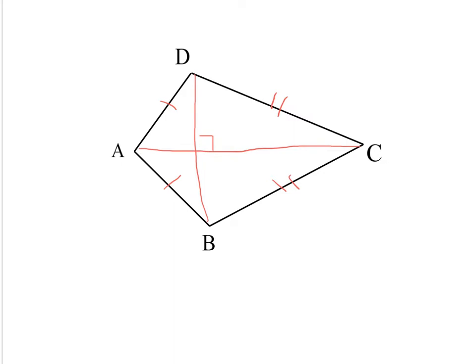One of the diagonals is the perpendicular bisector of the other, so AC bisects BD, but not vice versa. One of the diagonals bisects the angles. So this angle is congruent to this angle, and this angle is congruent to that angle. However, these angles up here are not bisected.